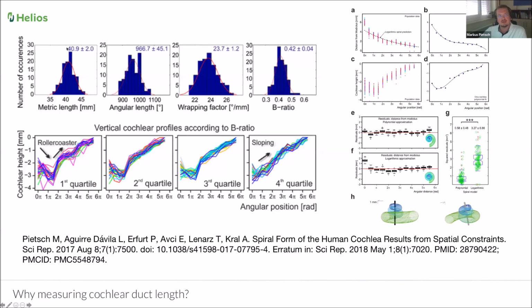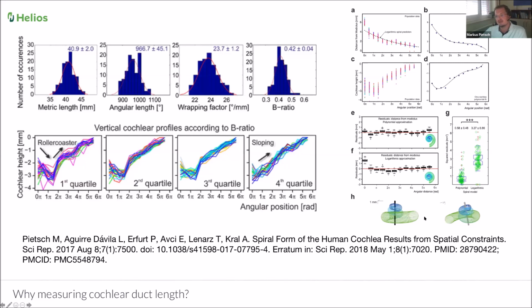We found here in those 108 corrosion casts a mean of about 41 millimeters, plus minus 2 millimeters. The angular length also varied a lot, so about 967 degrees, plus minus 45 degrees. And it is very interesting if you look at the so-called B ratio.